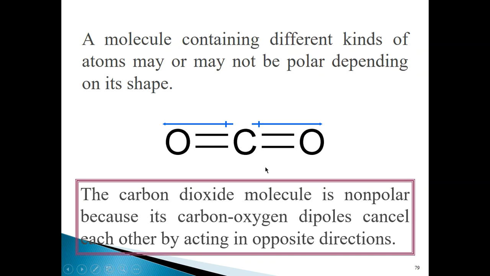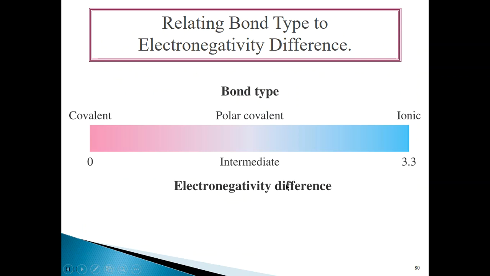So we say that carbon dioxide is a nonpolar molecule because the dipoles within the molecule cancel out. We're going to see some more examples of this later on, because it's very important for you to be able to predict the shape of the molecule in order to predict whether or not the molecule is polar.